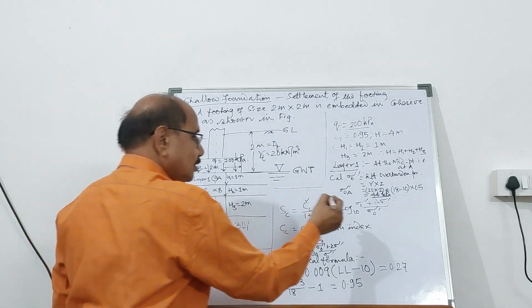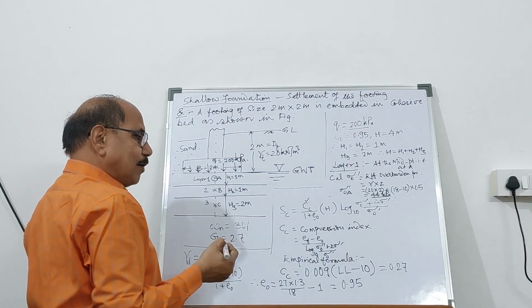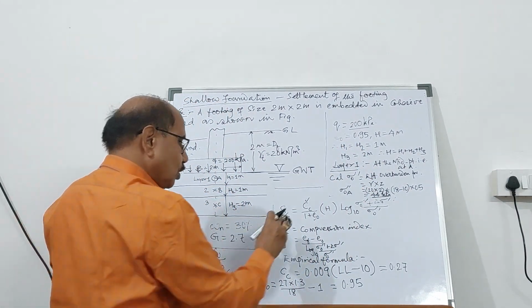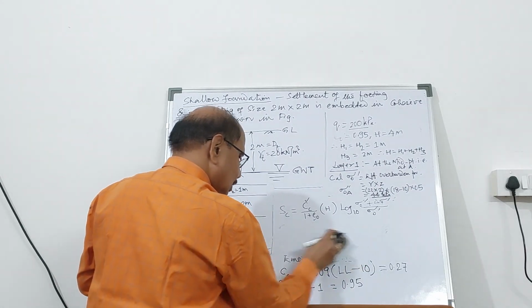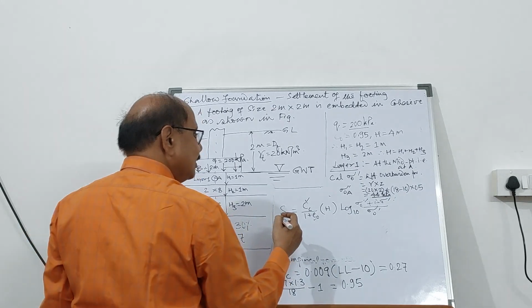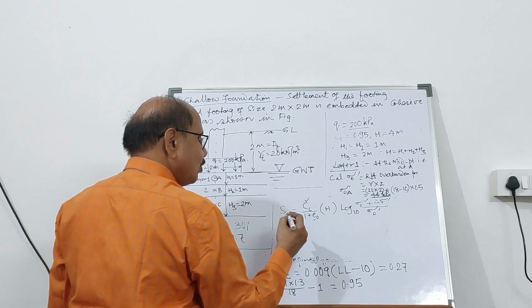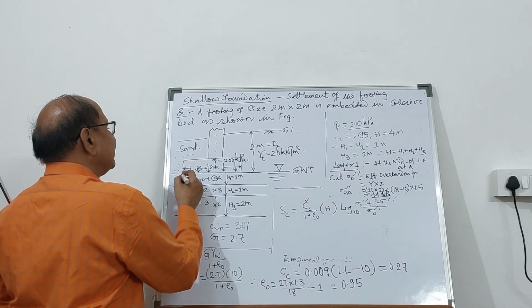Before construction, the effective overburden pressure is 44 kilopascal. But post construction, when the live load is going to be applied, this intensity of loading is known to you. So at the midpoint, what is the increase?